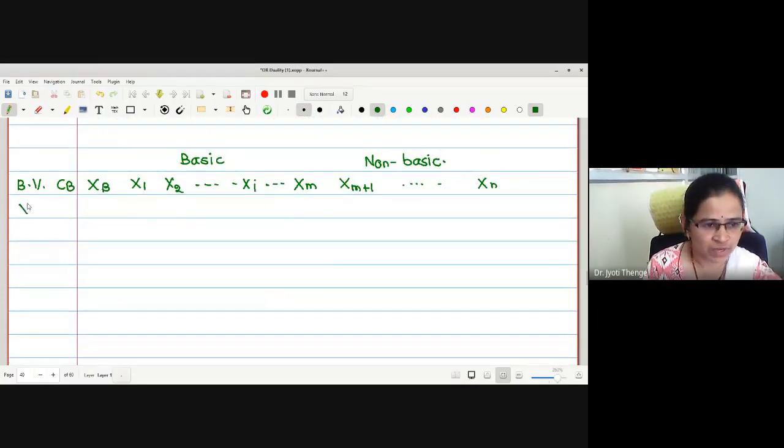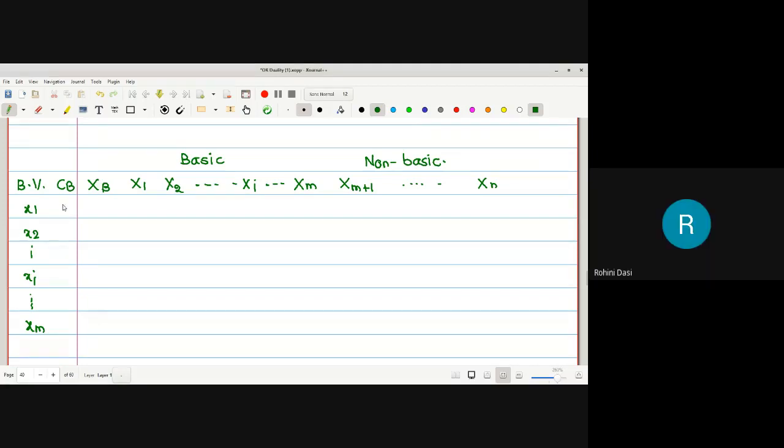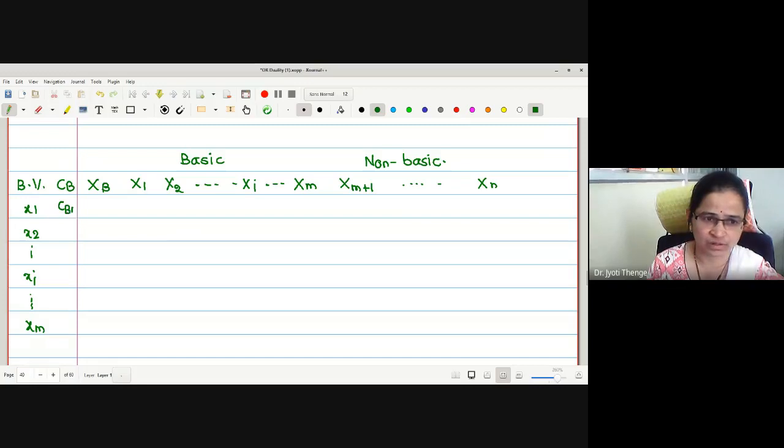Let me write the basic variables: x1, x2, somewhere it is say xi, and again this is xm. What is the cost of these basic variables? This is CB1.